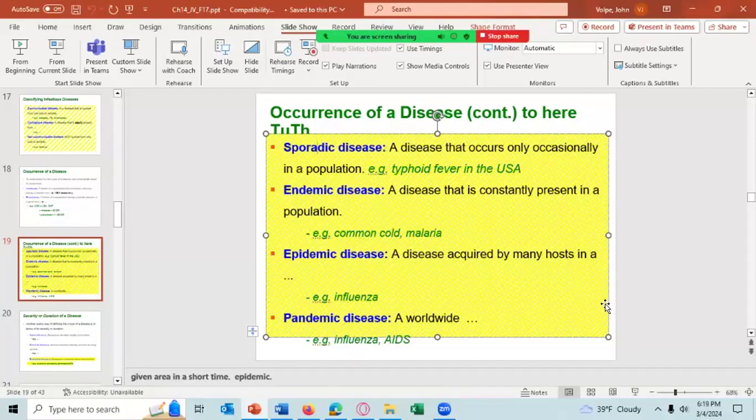And somebody got malaria from the tropics and brought it back to the United States. A mosquito bit them, and then the mosquitoes were spreading malaria.